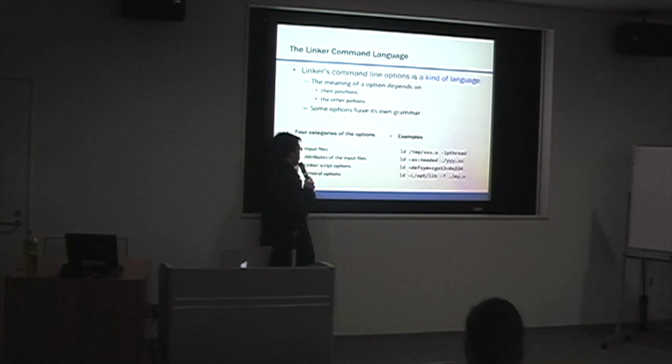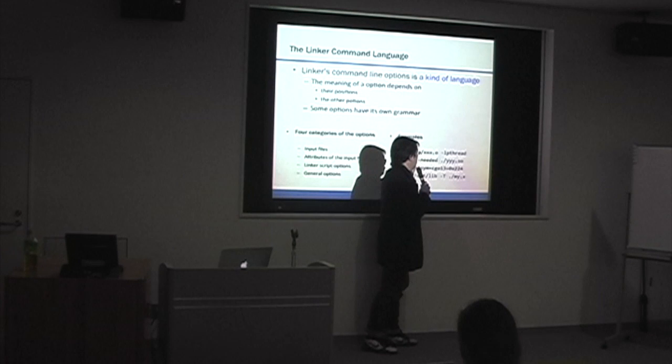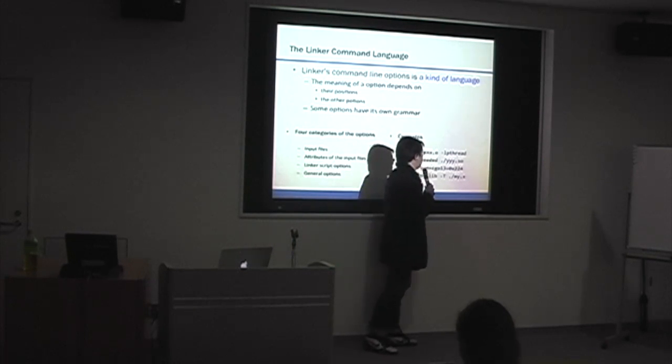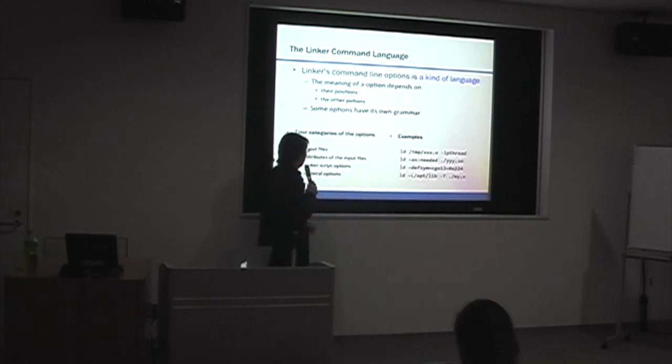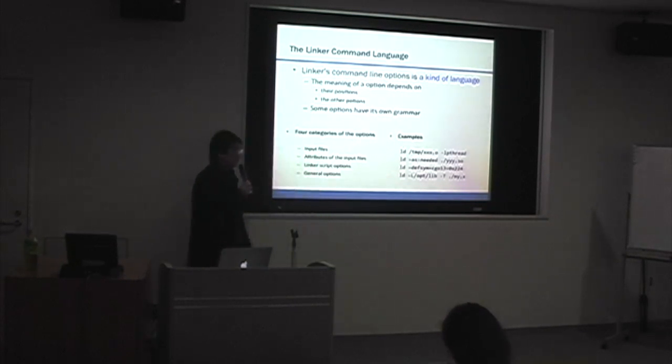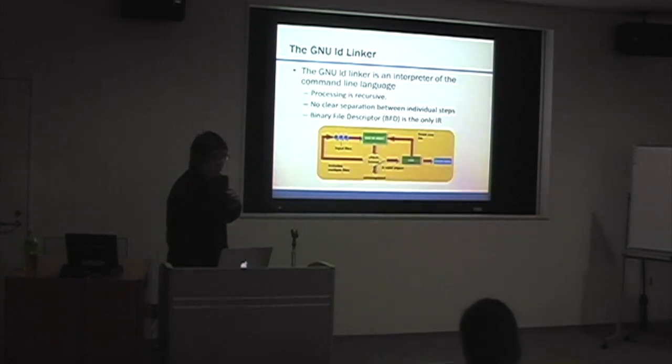An attribute controls the behavior of the option immediately after it. Some options, like the linker script option, have their own grammar. And some are general options, like target and position independent. So we know the linker command line is very intricate.